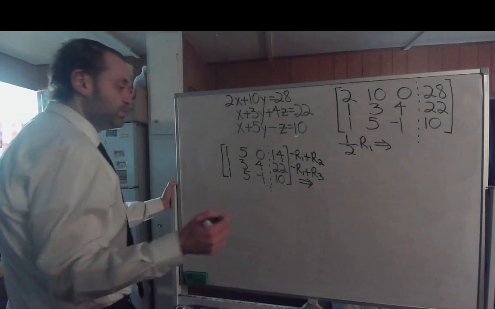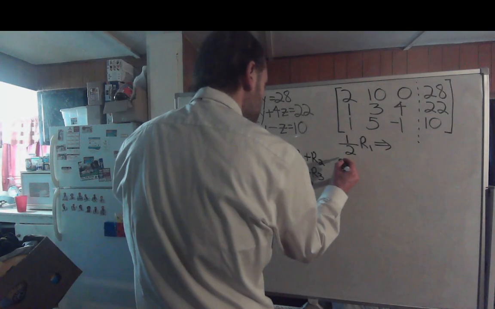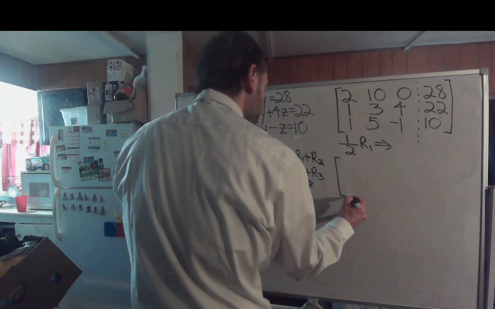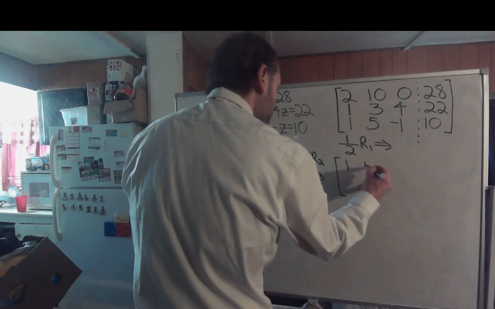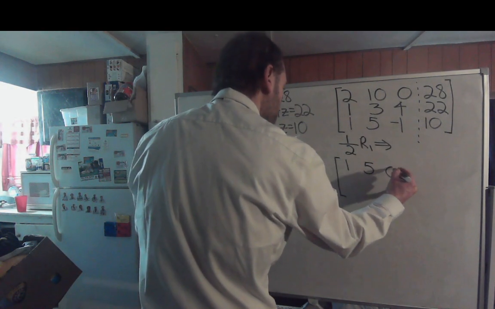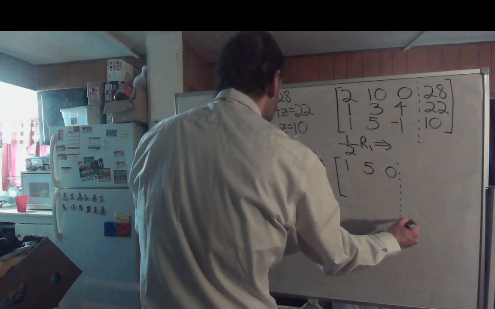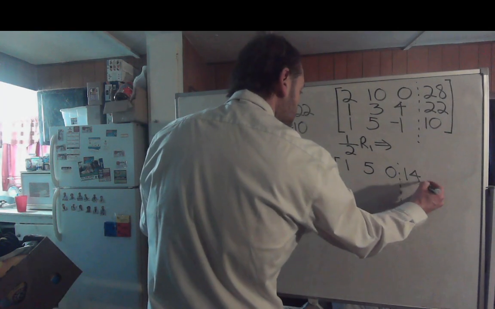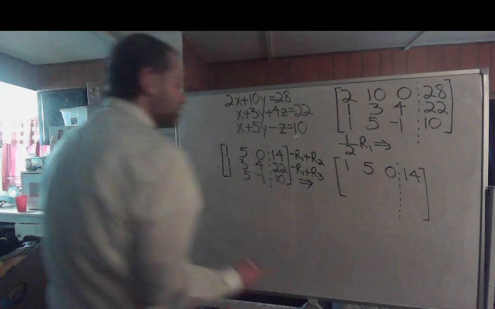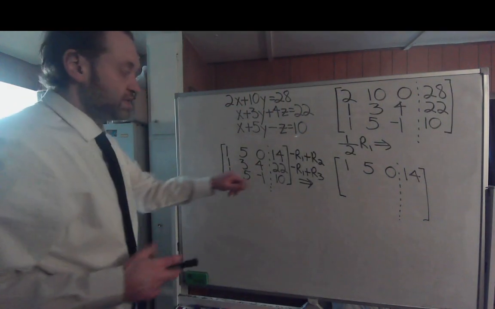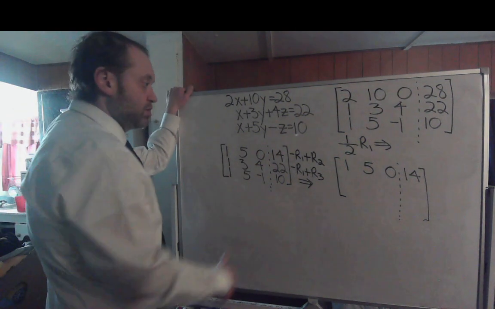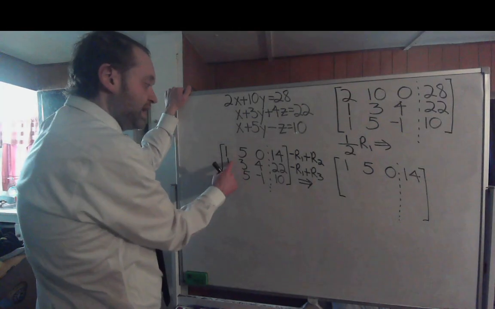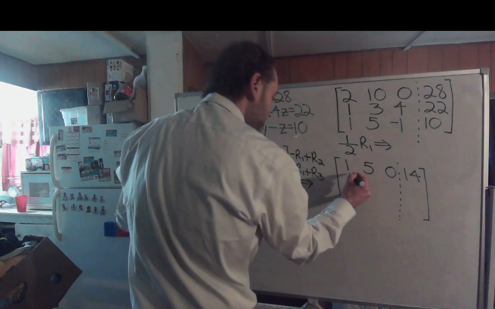So why don't we do that? We'll form the new matrix here. Row 1 is getting left alone. You have 1, 5, and 0, then you have 14. Now let's deal with rows 1 and 2 to make the first digit in row 2 a 0. If I take the negative of 1 and add that to 1, I get 0.